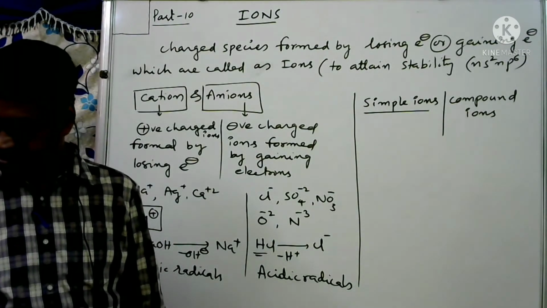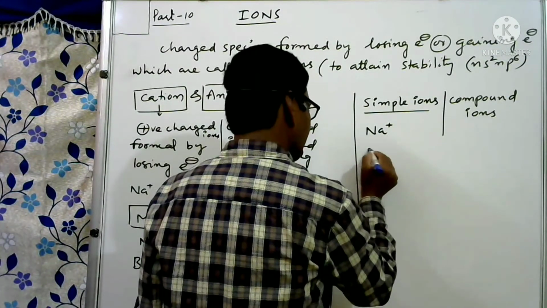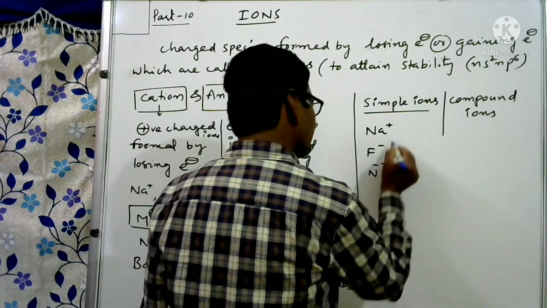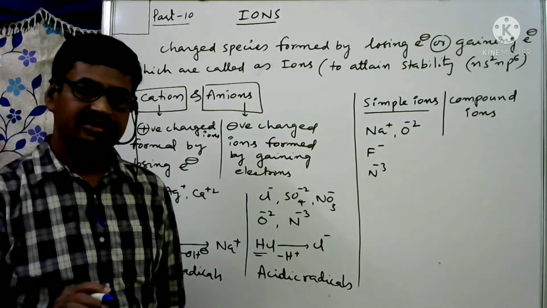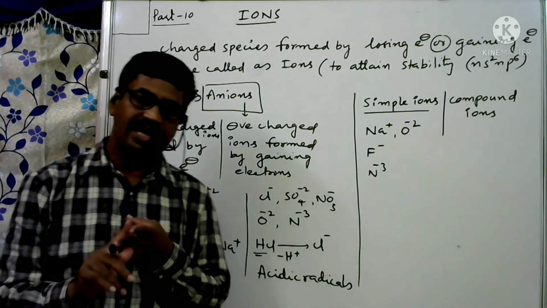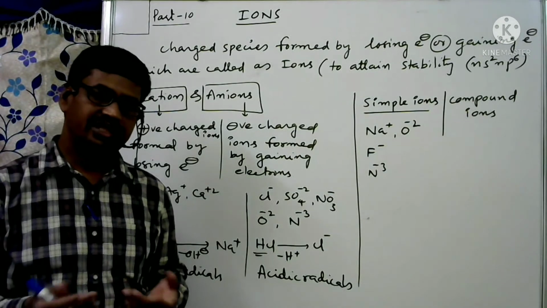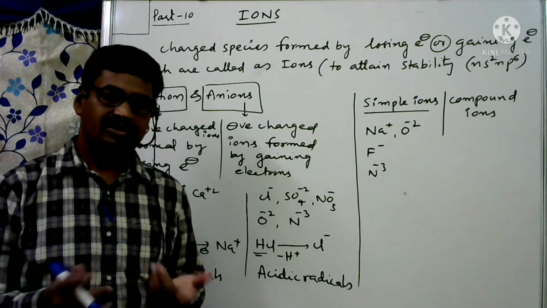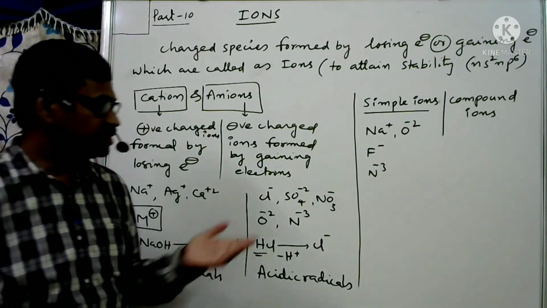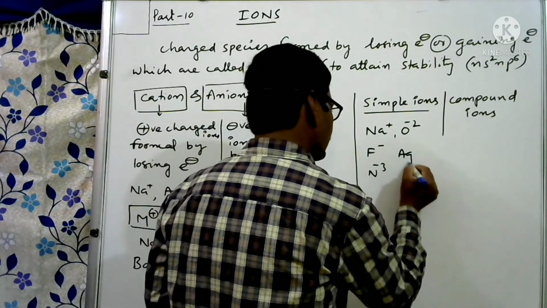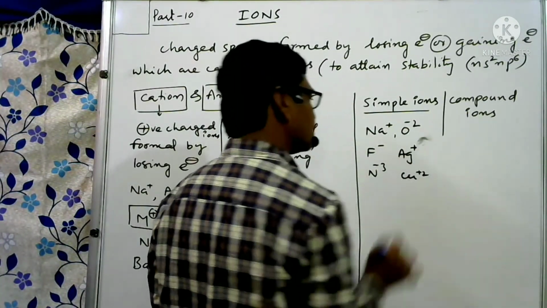For example, simple ions may be Na+, F-, N-3 or O-2. Only one atom is present, with a positive or negative charge of 1, 2 or 3. It may be any charge. Here Ag+, Cu+2, like this.